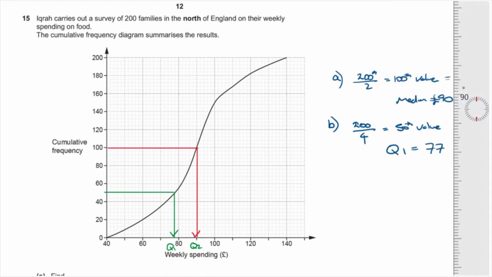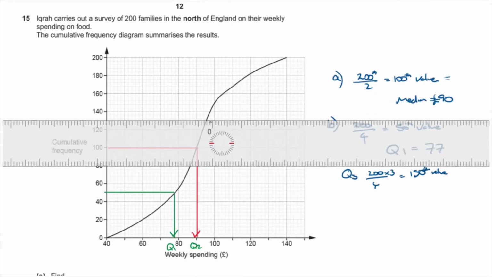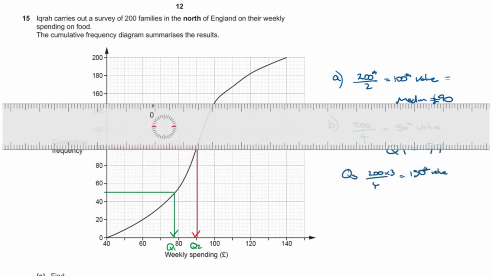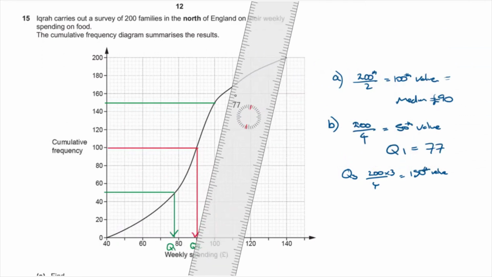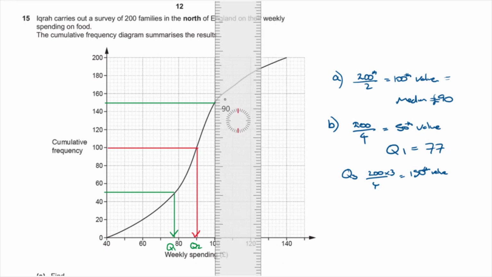Q3, that's going to be 200 divided by 4 and times by 3, isn't it? It's going to be the 150th value. So we're going to read across from 150 on our scale. So 150 halfway between 140 and 160. So read across to the curve, change direction, read down.